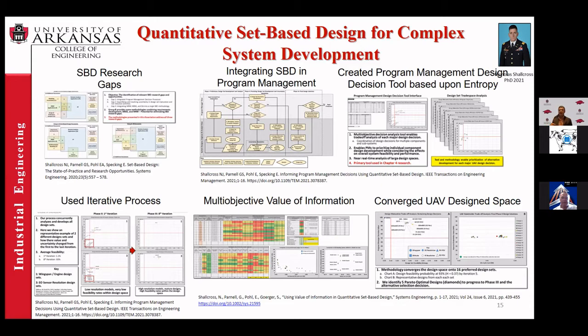And by doing that, he came up with this idea of multi-objective value of information. And if you're not familiar with the value of information, it's basically, if you go back to that influence diagram, one of those probabilistic arrows, like if you flipped it for the probabilistic relationship, it would be basically saying you knew that one thing happened before it actually happened that originally would feed into this.